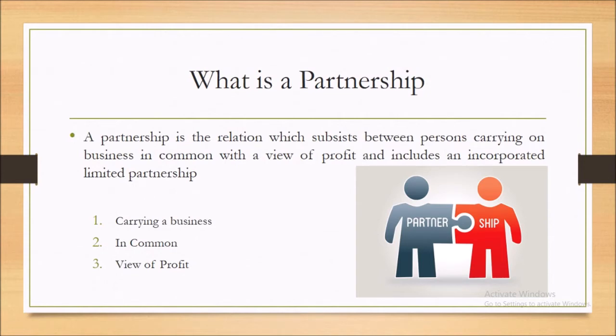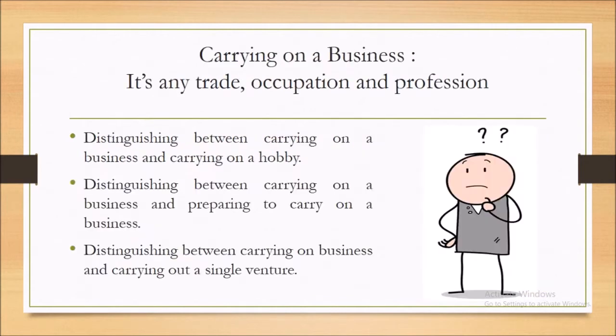So the characteristic of a partnership is carrying on a business with a common view of profit, and it's common for the partners, right? We'll move further. Now, carrying on a business, in the sense, business can be any trade, occupation, or profession. It's like any trade relationship, a transaction.